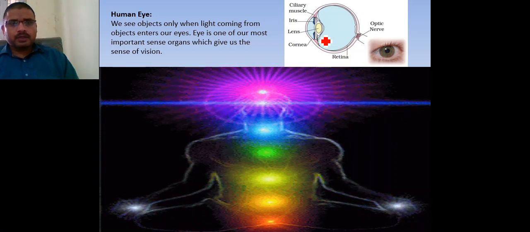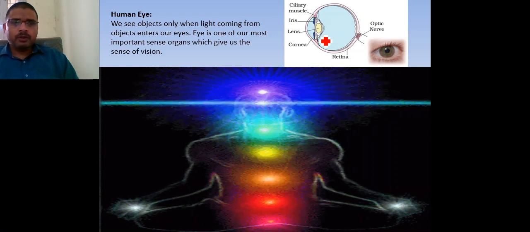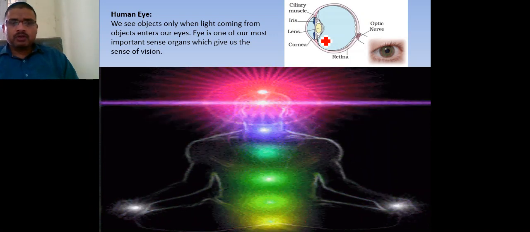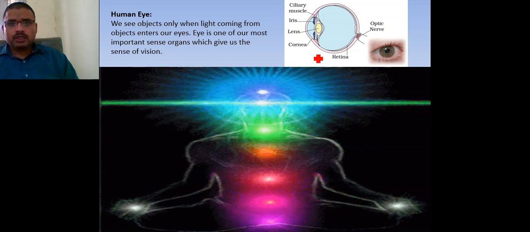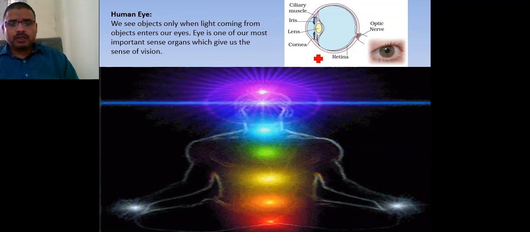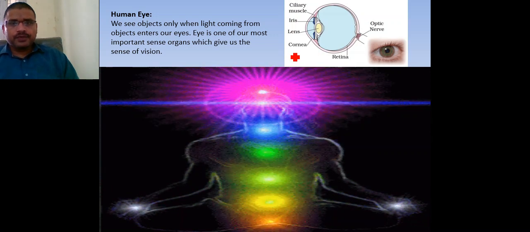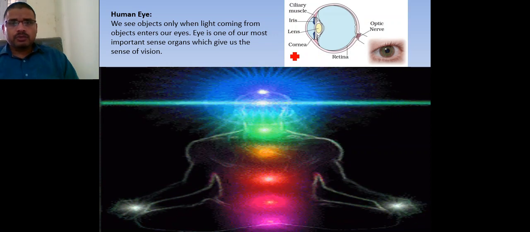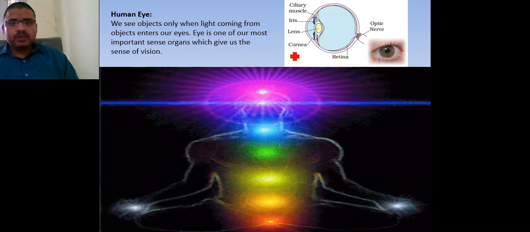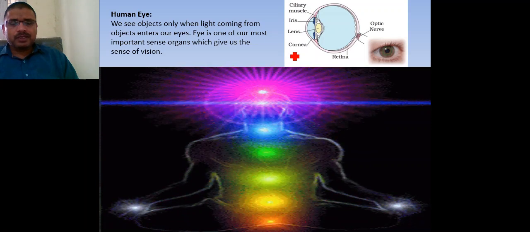Whatever structures are shown in front of you, you will have to understand them. After that, we also have to understand the different parts of the eye and the different functions of these parts. Though all these functions are not in your syllabus, you have to understand a little bit about the different functions of the different parts of the eye, so that you understand your eye structure better.